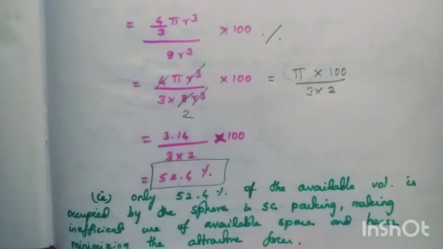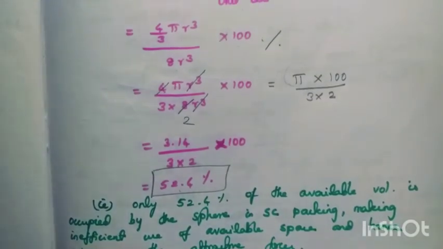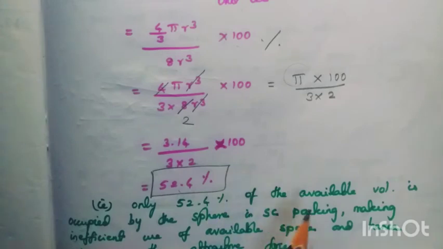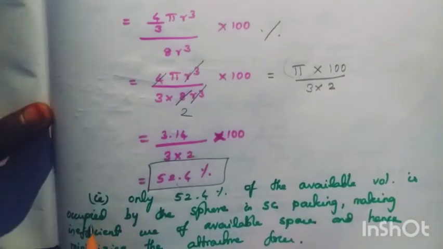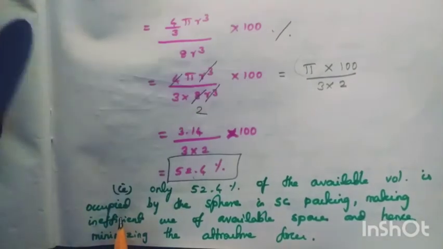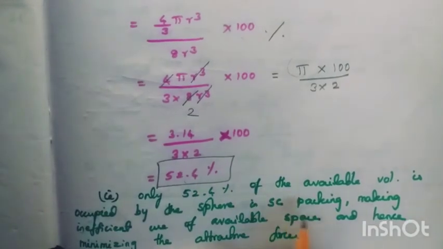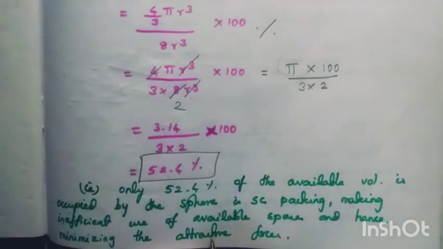In BCC, how much space is occupied? 68%. FCC, 74%. So BCC is more efficient in occupying space than simple cubic. Here it is only 52.4%. Only 52.4% of the available volume is occupied by the spheres in simple cubic packing, making it an inefficient use of available space and hence minimizing the attractive forces.